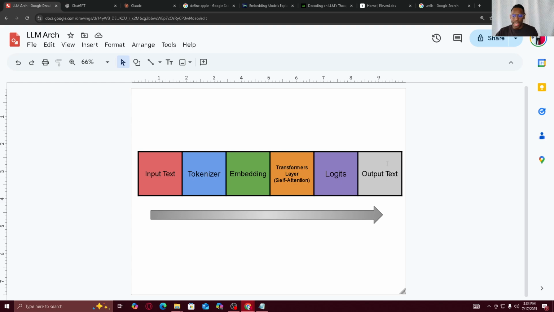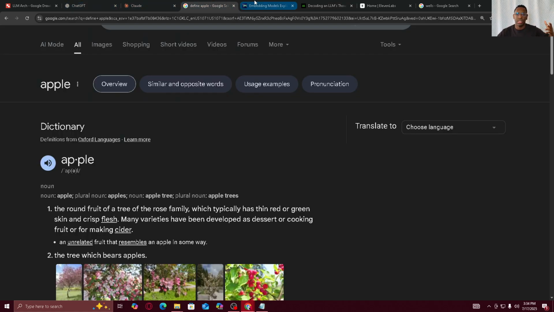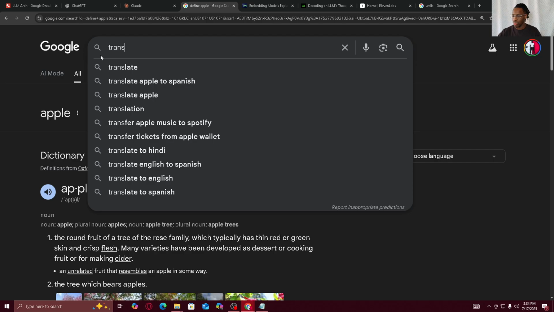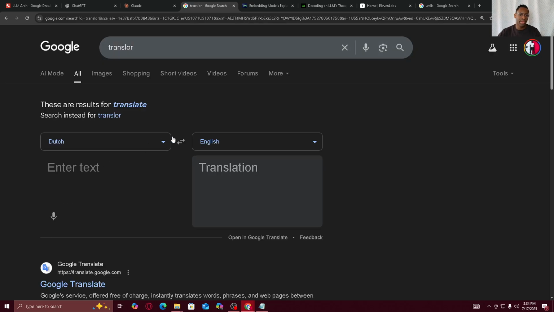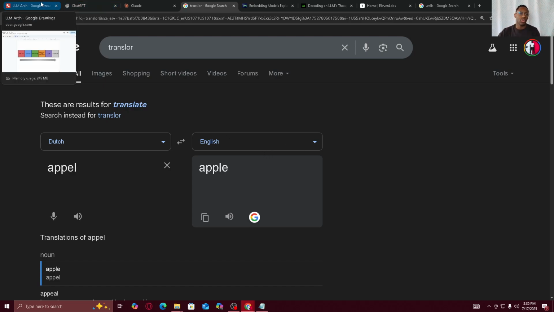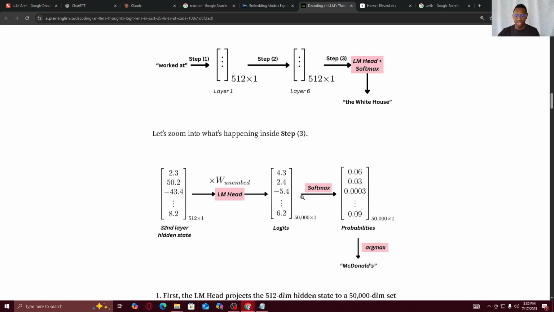And then here in the output text, you do a softmax, right? The best way to explain it is, logits look like this, a list of numbers, and then we do a softmax, which is a mathematical equation, which is, once again, a translator. It's like a reverse translation, from logits, softmax to probabilities.